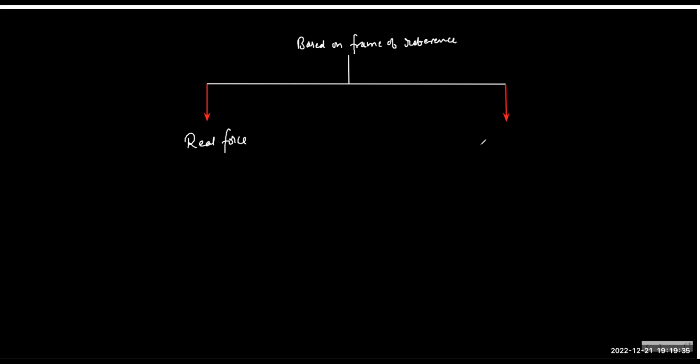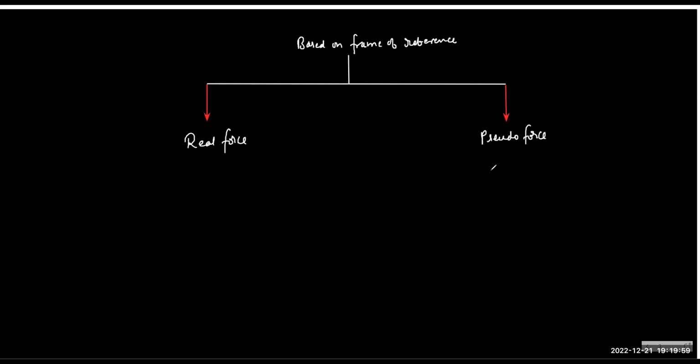I mean, you feel there is a force, but actually there is no force. So your perception is real. You actually feel it, but your explanation is wrong. Okay, so this is called pseudo force. Pseudo force is some sort of your imagination that you feel it.